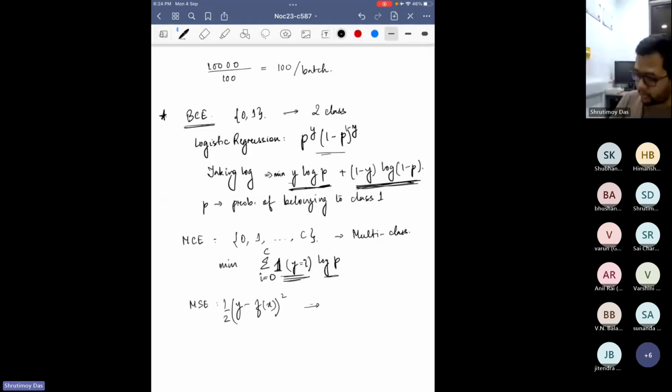So this is a loss used for regression. So these are some commonly used loss functions in machine learning problems. BCE and MCE are used for classification, and the other is for regression.